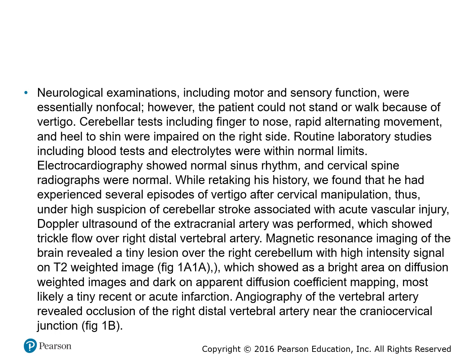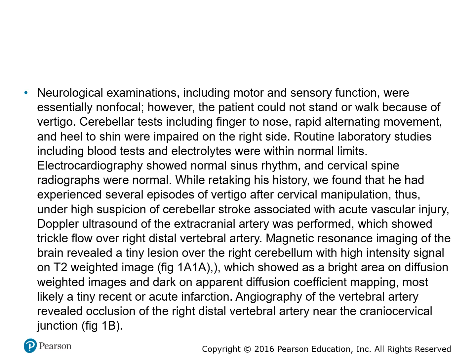Neurological examinations, including motor and sensory function, were essentially non-focal. However, the patient could not stand or walk because of vertigo. Cerebellar testing, including finger to nose, rapid alternating movement, and heel to shin, were impaired on the right side. Routine laboratory studies, including blood tests and electrolytes, were within normal limits.